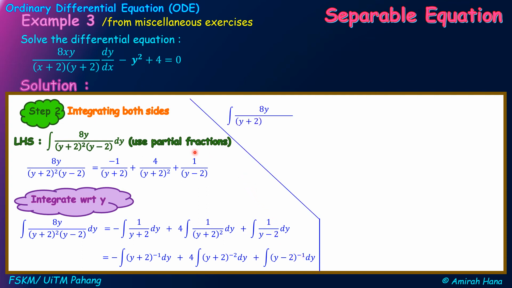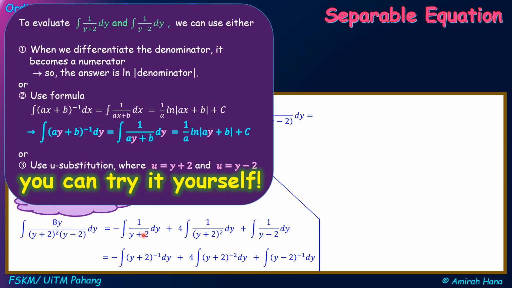Then the integration of 8y over (y plus 2) squared times (y minus 2) dy will equal, so to integrate 1 over y plus 2 dy and to integrate 1 over y minus 2 dy, we can use any of three methods here.